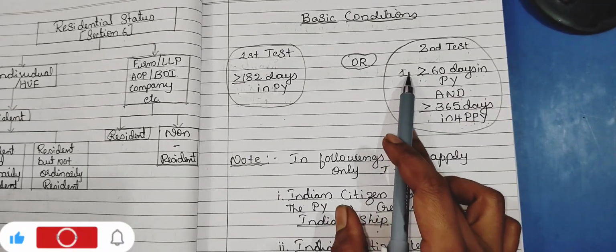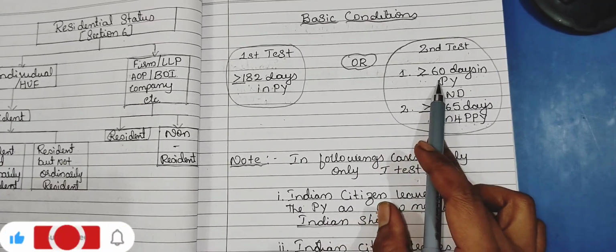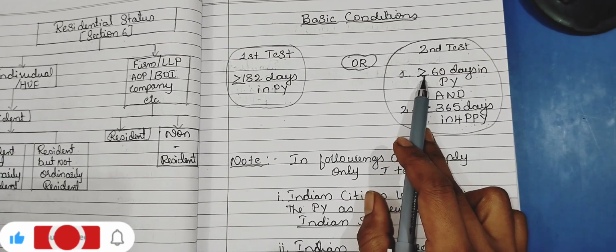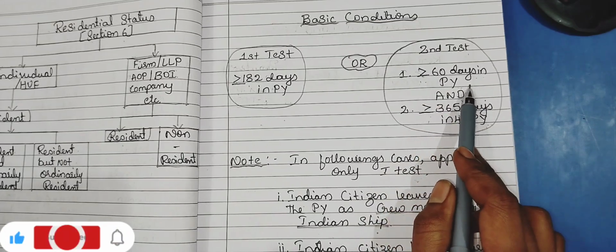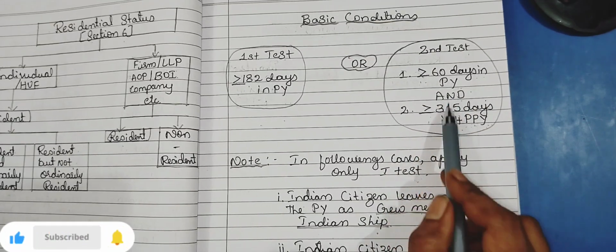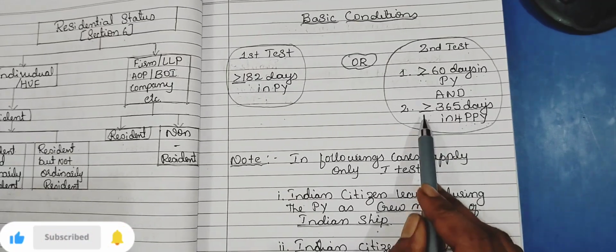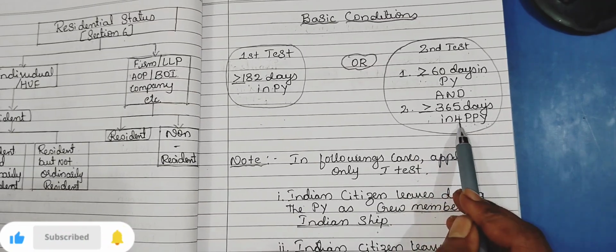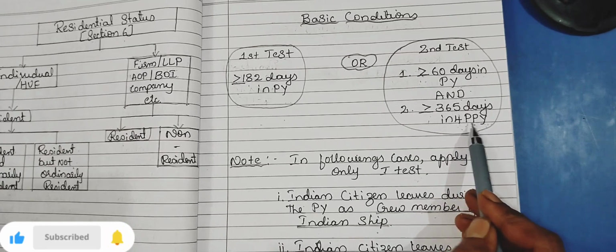Under the second test, we have two conditions. The first condition is he should stay in India for more than or equal to 60 days in the previous year. And both have to be satisfied. And more than or equal to 365 days in the 4 preceding previous years.